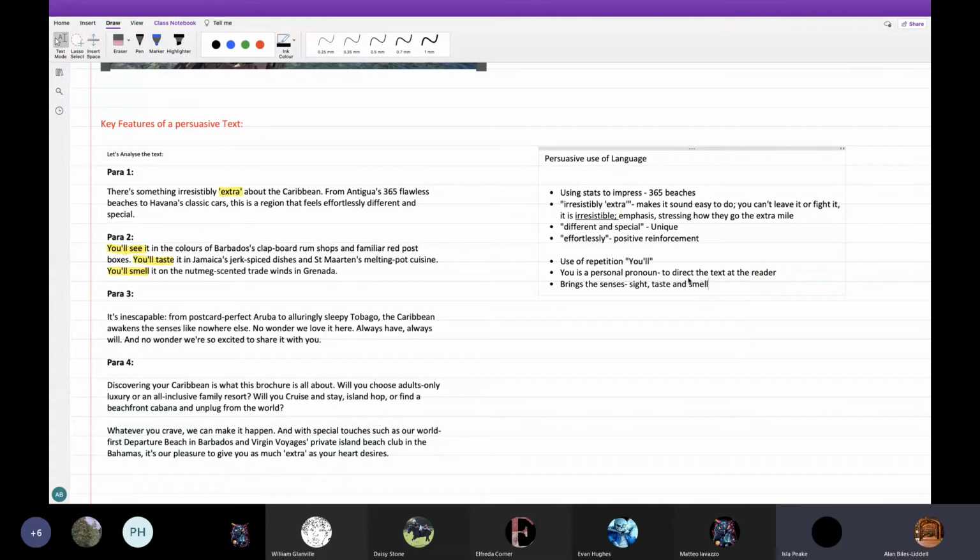The repeating of a word. Oh no, not alliteration. I was thinking of repetition. Yeah, we've done that. Alliteration. The use of punctuation.